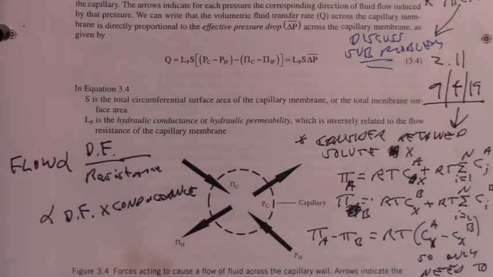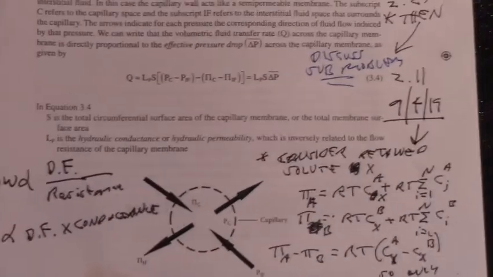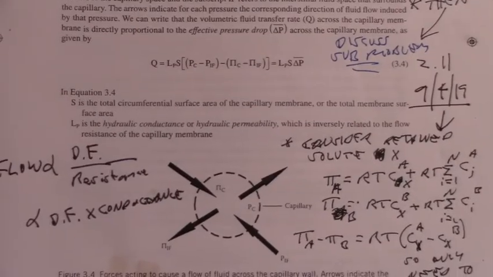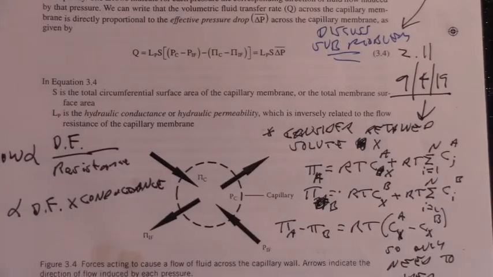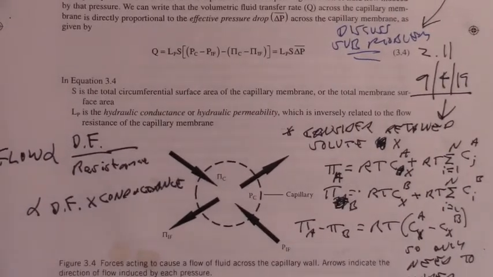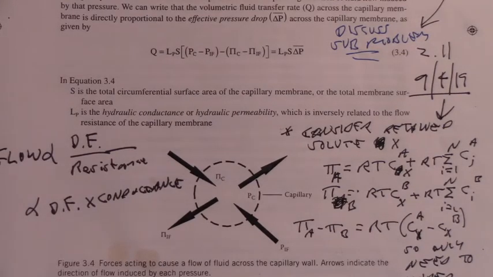Okay, another little sidebar thing that I want to talk about is that when you have transport across a membrane and you have solutes that freely cross the membrane, they don't contribute to the osmotic pressure.